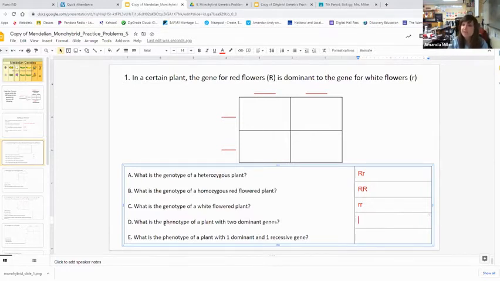So what is the phenotype, or physical characteristics, in this case, the color, of a plant with two dominant genes? Okay, remember, dominant always covers up recessive. The dominant color is red. And then letter E, what is the phenotype of a plant with one dominant and one recessive? Again, because it has that one dominant allele, it's going to be red.